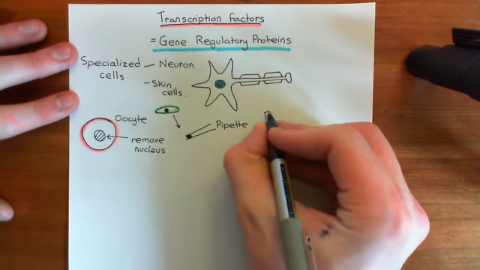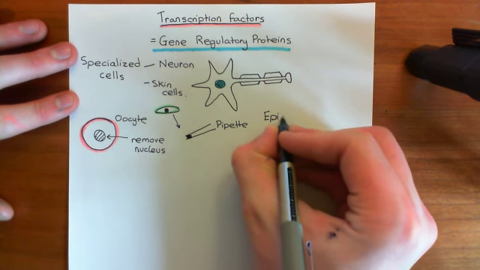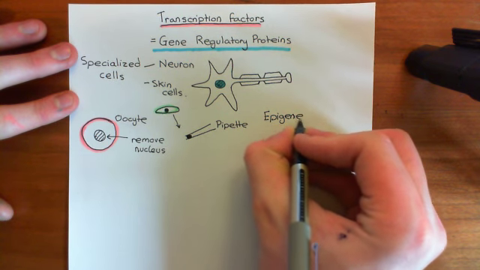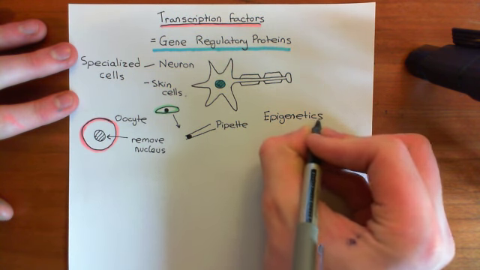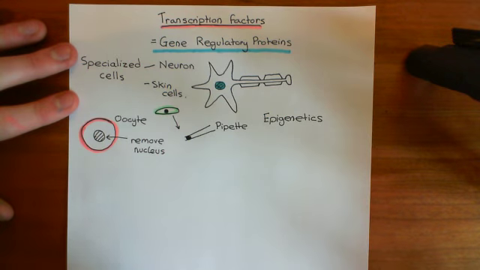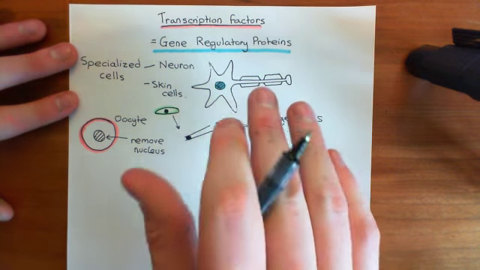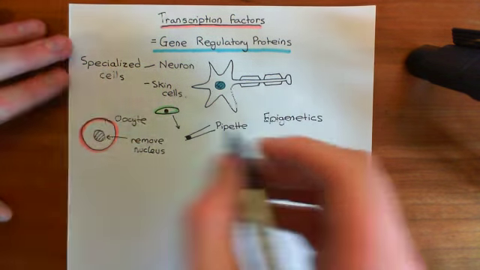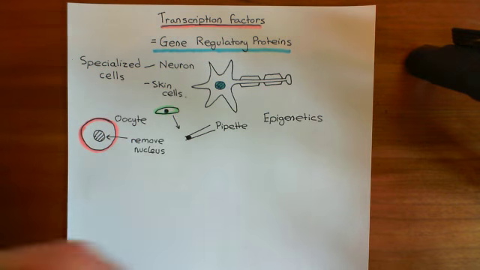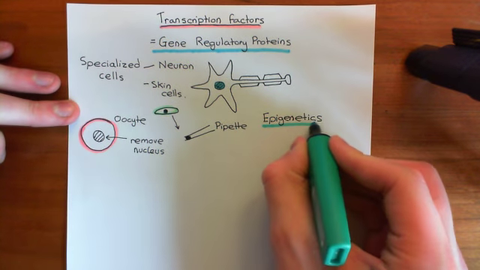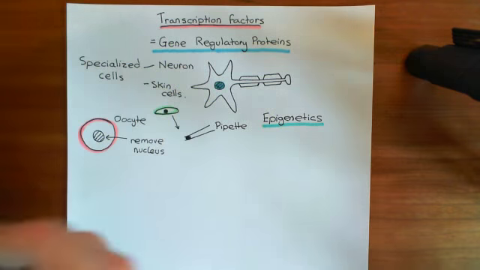Okay, so the whole field of epigenetics is concerning the expression of genes. So genetics is all about genes, it's all about DNA. Epigenetics is all about the expression of DNA, what controls the expression of genes, okay?